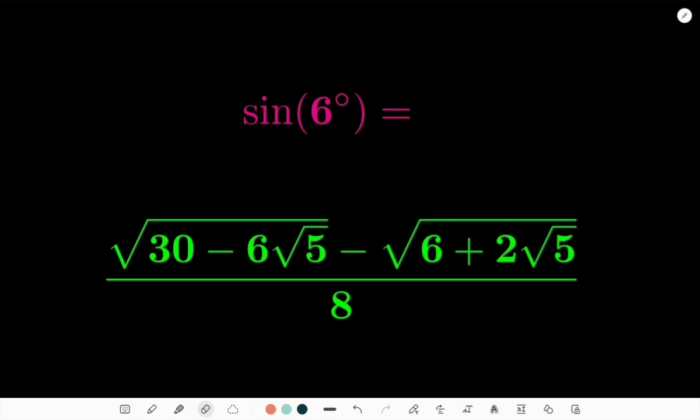Get ready to unlock the mystery behind the exact value of sine of 6 in this exciting video. Throughout history, mathematicians have always grappled with trigonometry calculations, and today we're taking on the challenge ourselves. So join me as we explore the step-by-step process to calculate the precise value of sine of 6 using powerful trigonometric techniques.